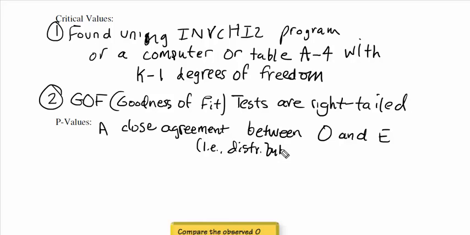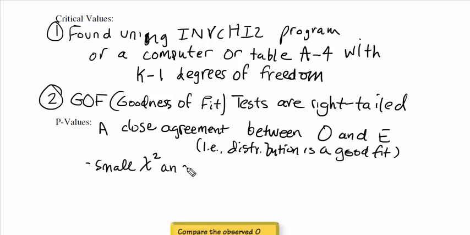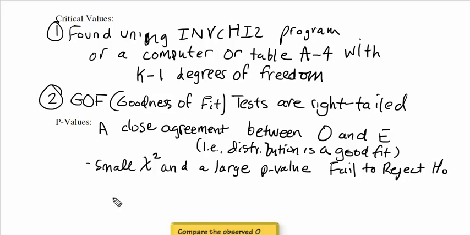So the distribution is a good fit means that you are going to have a small chi-squared and a large p-value, meaning that you are going to fail to reject H0 because the p-value is high. So that's 1 here.